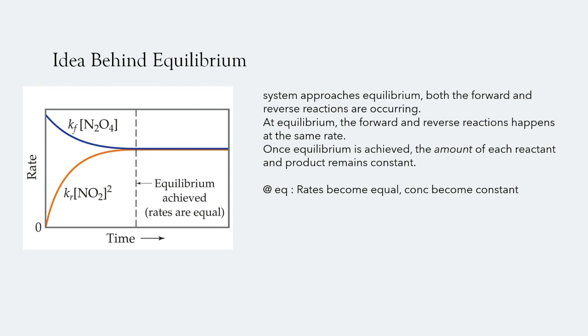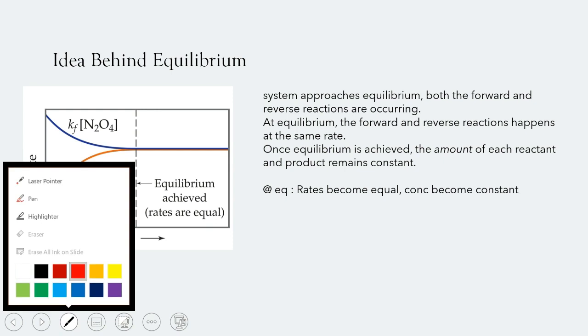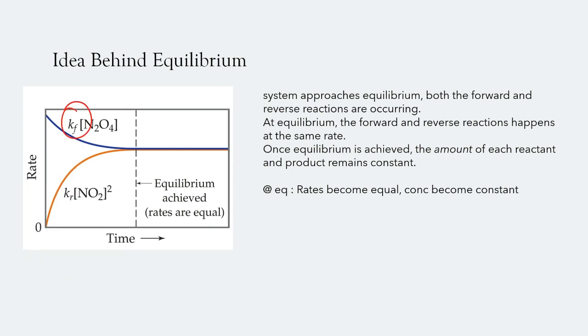So in an equilibrium, there is a chemical reaction that is happening, and at this state, which is known as equilibrium, the forward reaction, which is indicated by Kf in here, and your reverse reaction indicated by Kr, their reaction rate, as shown on this graph, is going to be equal.